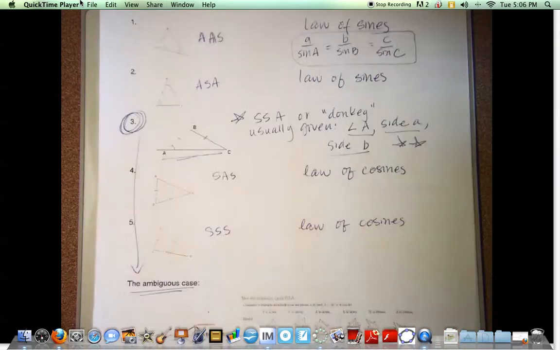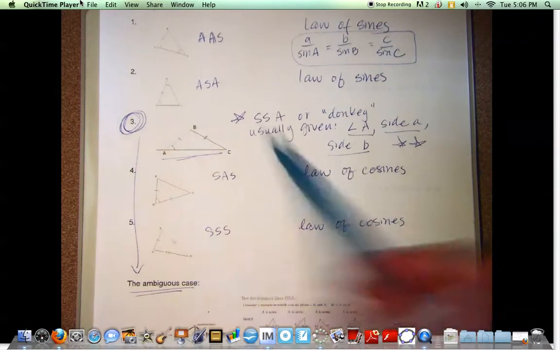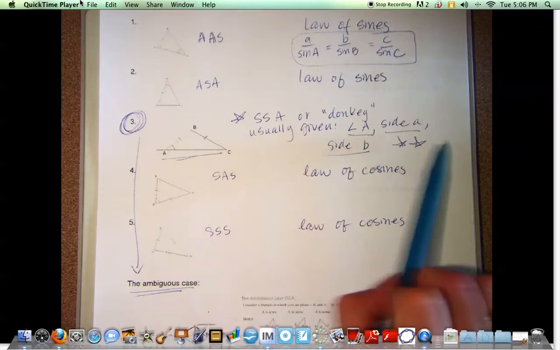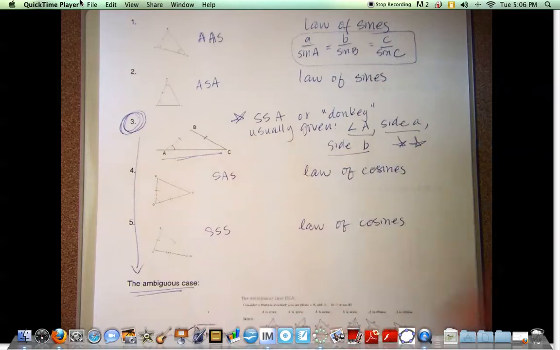We trust that when we're given measurements, a triangle is going to be formed. But when we're given angle A, side a, and side b, it's not always necessarily that a triangle can be formed with the measurements that are given to us. Also, sometimes there's a case where two triangles can be formed by the measurements that are given to us.